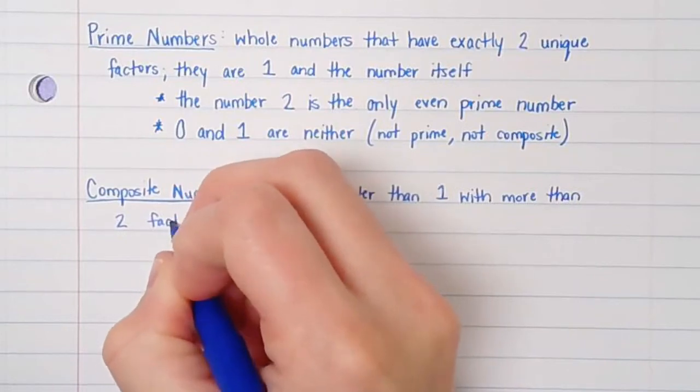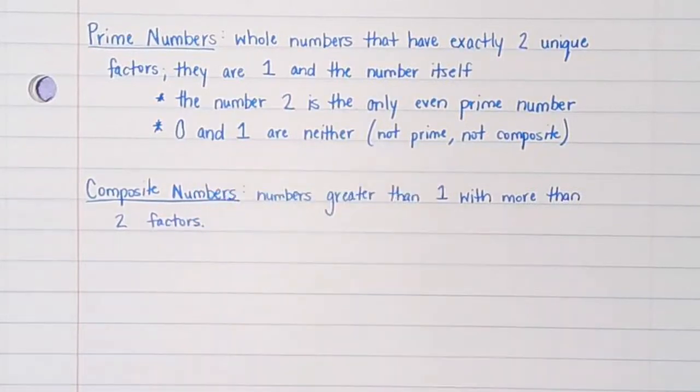Okay, so numbers greater than 1, so first of all you can't start with 1 because 1 is neither. Alright, so anything bigger than 1 and has to have more than 2 factors. Alright, so you're thinking of any number that gives you that number and it's more than just 2 numbers. That sounded confusing, I apologize. But so for example, let's look at a few of them.